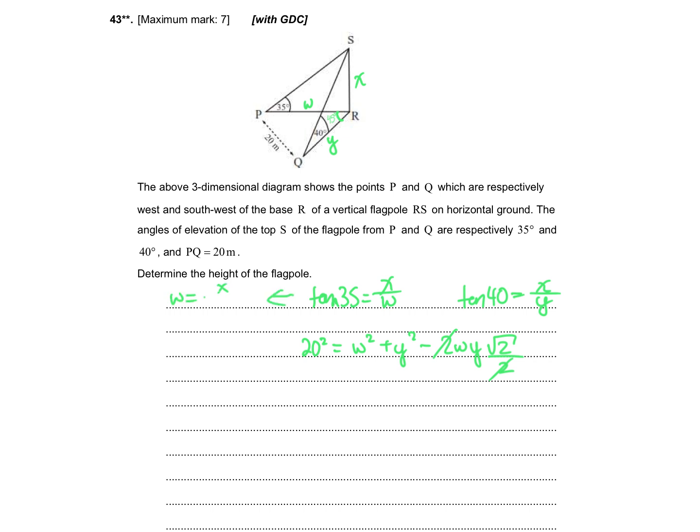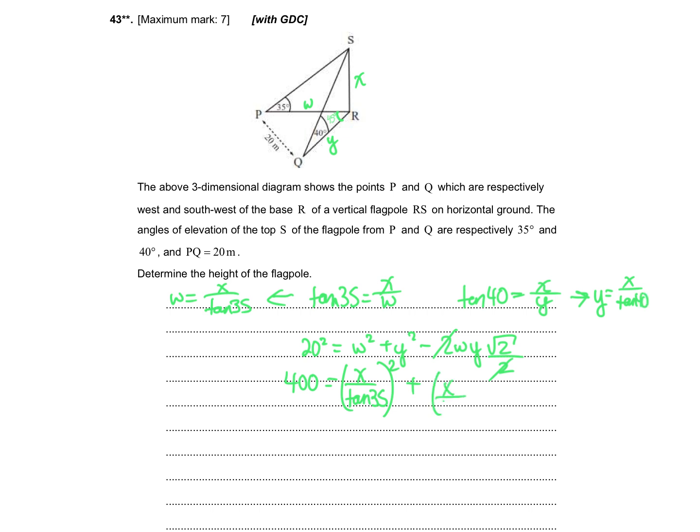So w is x over tangent 35, so that goes here. And this is 400. And y is going to be x over tan 40.